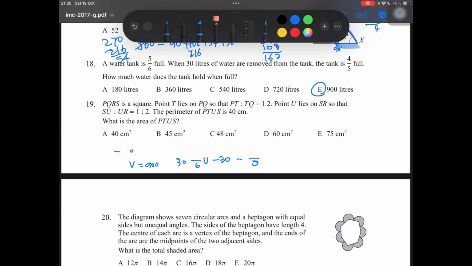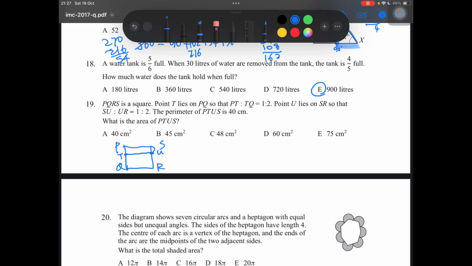So number 19, square PQRS. Point T lies on PQ, ratio 1 to 2. So here, 1, 2, 2. Point U on SR, SU and UR are 1, 2, 2. PT, SU. So like this, the perimeter of PTUS is 40. Okay.